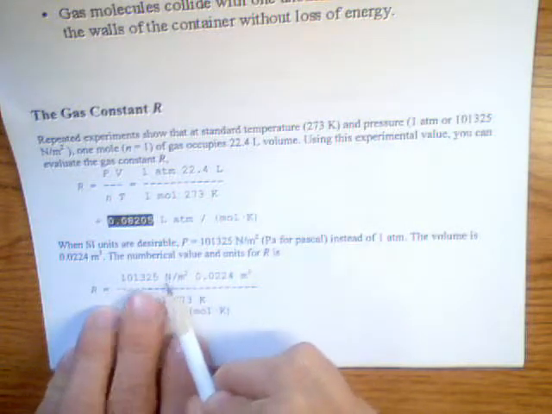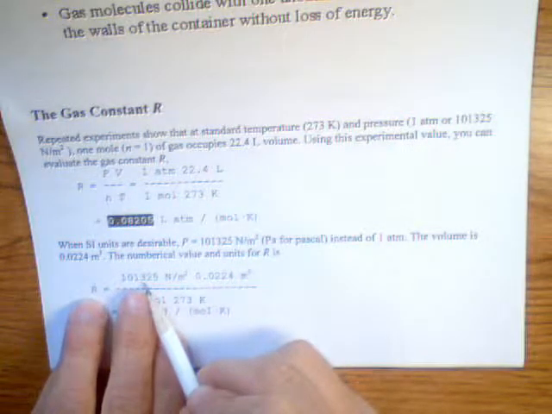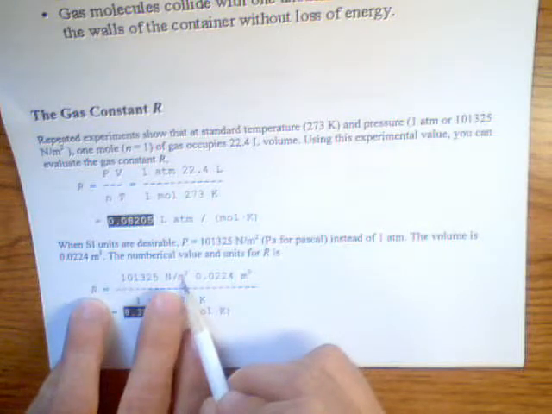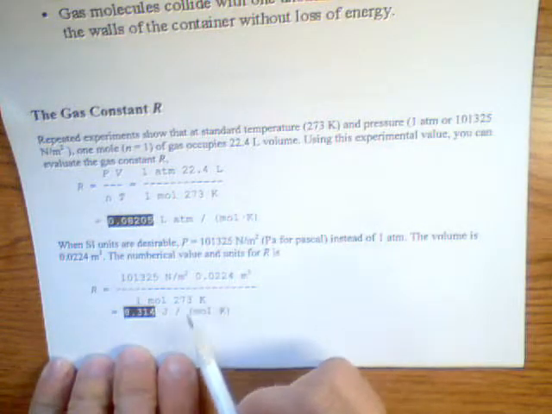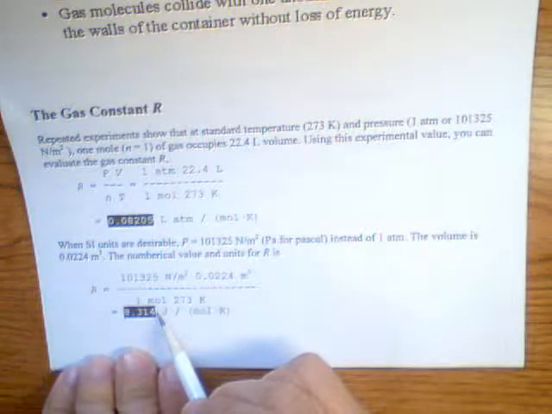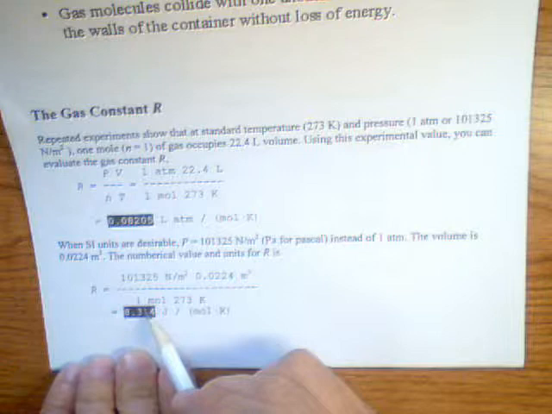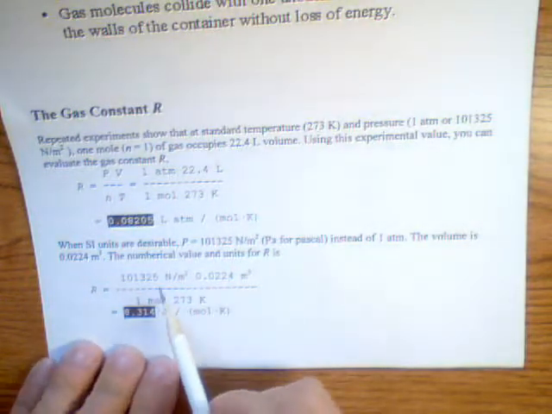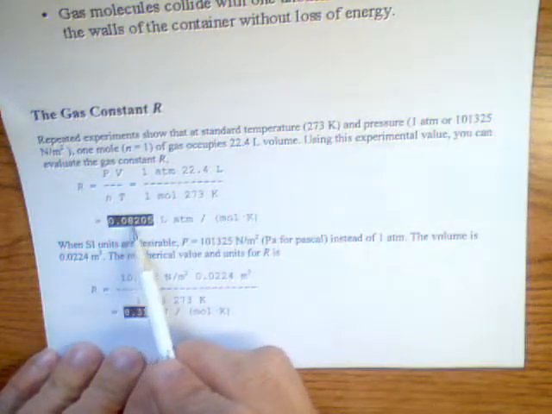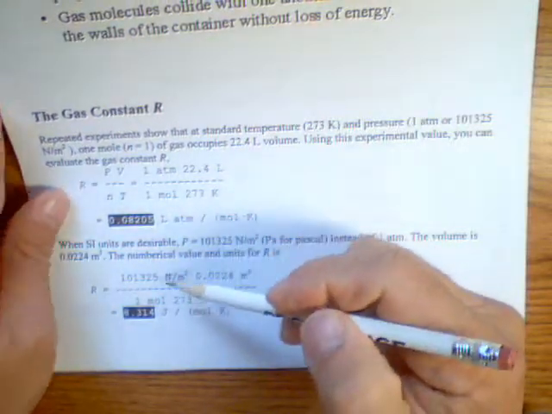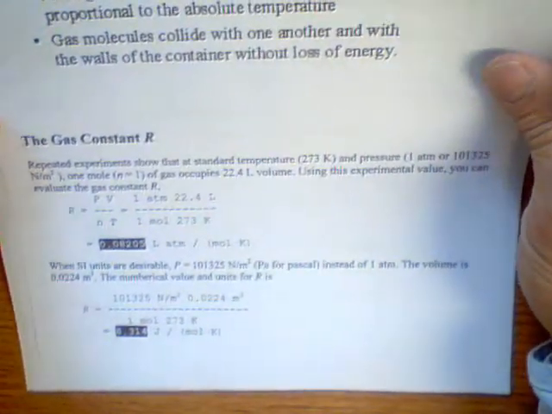So if we use pascals, which is 101 kilopascals, or 101,325 pascals, we just do the exact same equation, we don't get 0.08, we get 8.31. So if we're going to use pascals, we use this R value, 8.314, and if we use atmospheres, we use 0.0821, excuse me. So these are where the R values come from in our PV equals nRT equation.